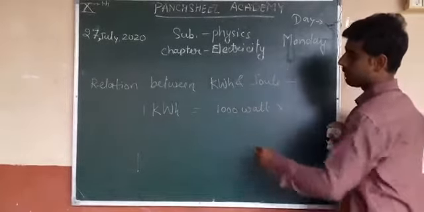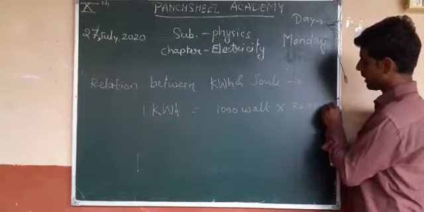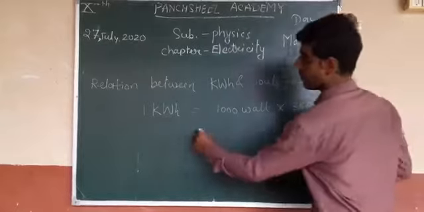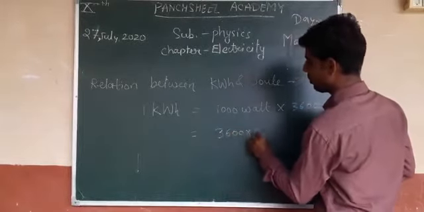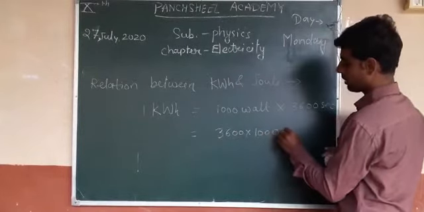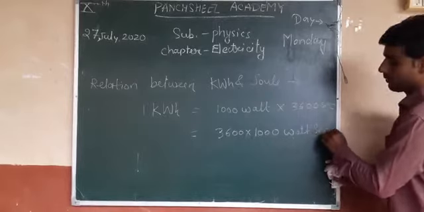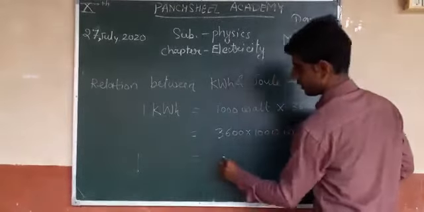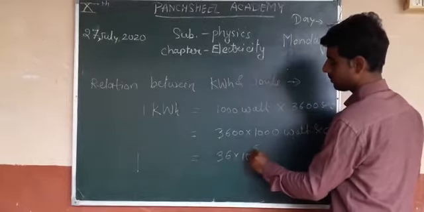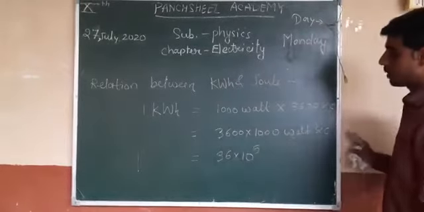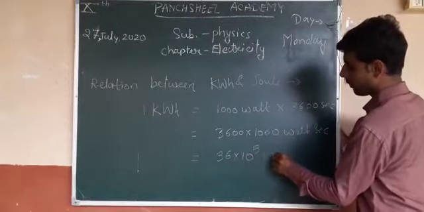And what is 1 hour? 3600 second. So 3600 into 1000 watt second, which is 36 into 10 to the power 5 watt second.